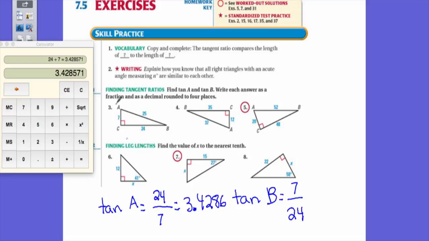So 7 over 24, that's it as a fraction. 7 divided by 24 is 0.2917.